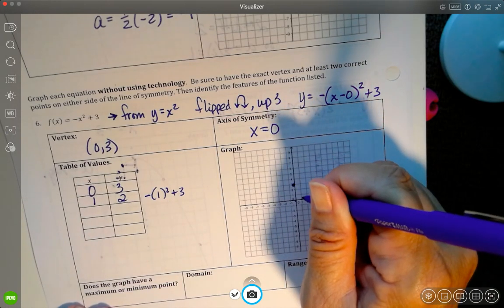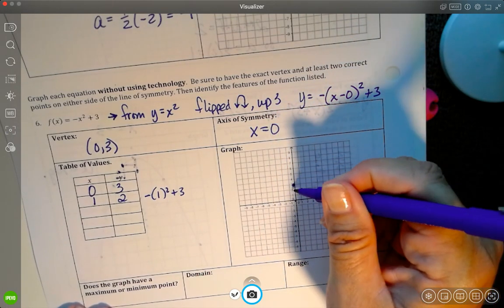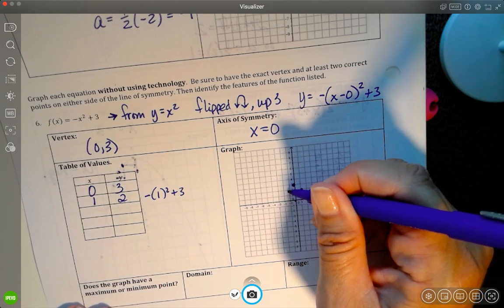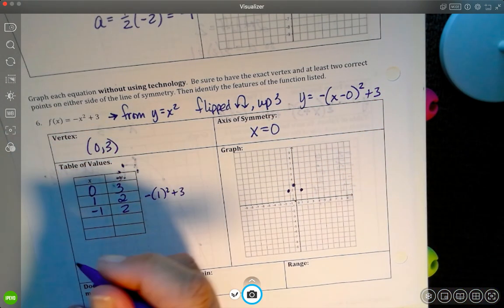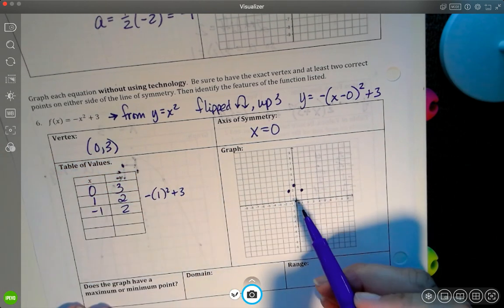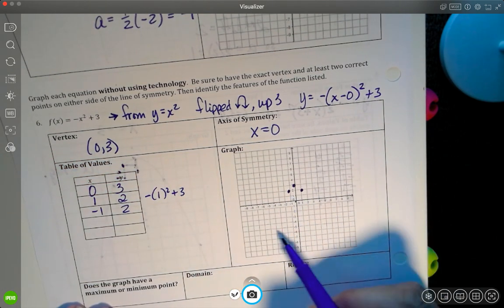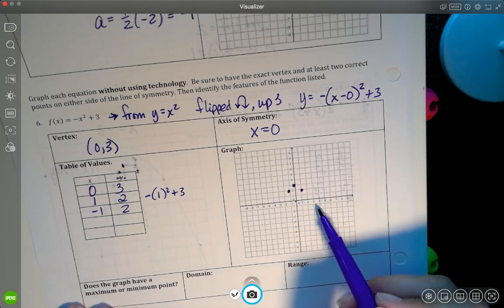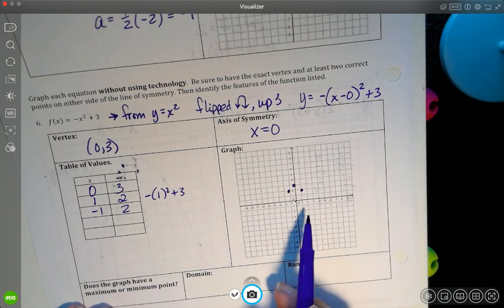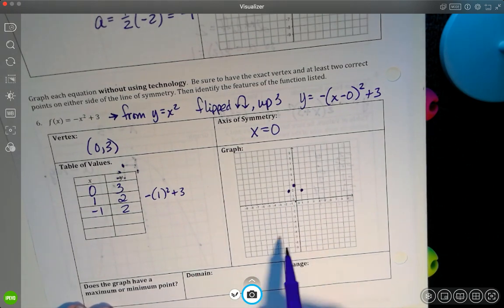And then its reflection over here, -1, 2. And then maybe a little bit further. I wouldn't choose 2 as my next x. Maybe I choose 3 so that I really know where it's going. So I'm going to choose 3.